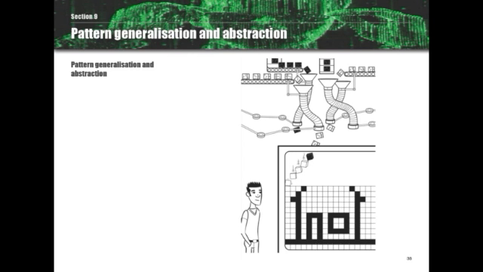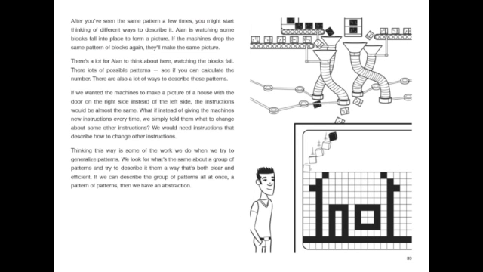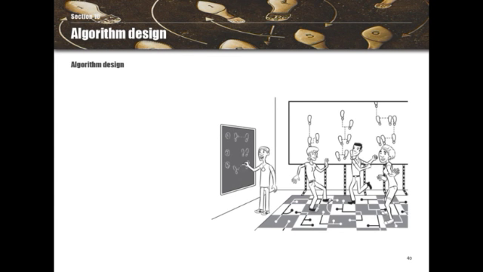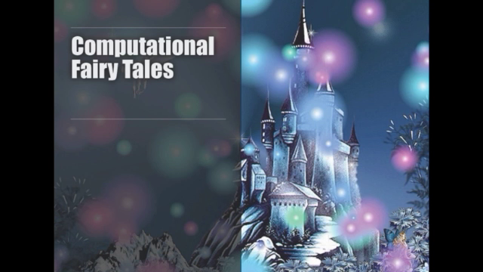So for example, how we use a whole lot of patterns to make up what we see on our computer screens. So here we're using little binary bits and with pixels being on or off to represent a picture of a house. And then algorithms design, where we use a sequence of instructions to perform various actions, in this case representing a dance step. So finally, I've given you here a collection of computational fairy tales.